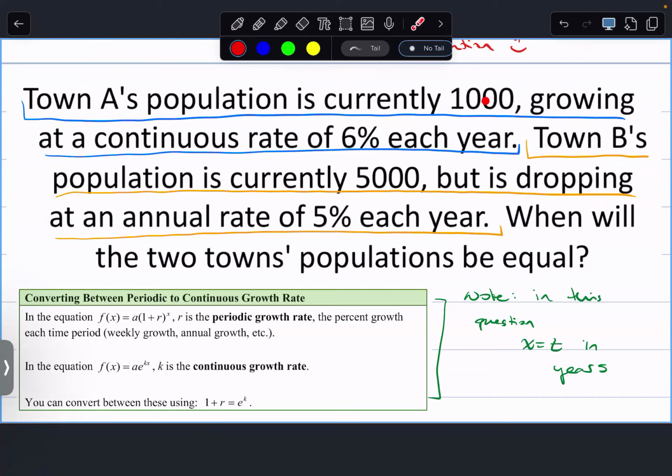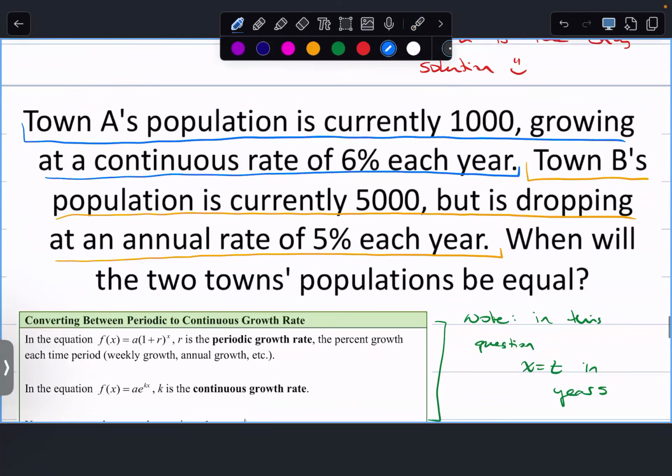That has to be your A. F of 0, so the starting point is A. And so here, F of 0 is A, which in this case is 1,000. Anything to the power of 0 makes 1, and so then you're just left with A in both scenarios. And same thing with town B. F of 0 is A, which is 5,000. So your starting point is always your A.